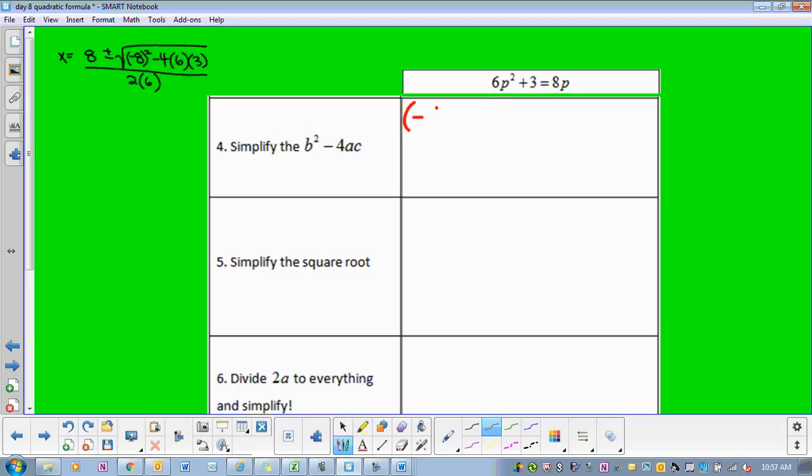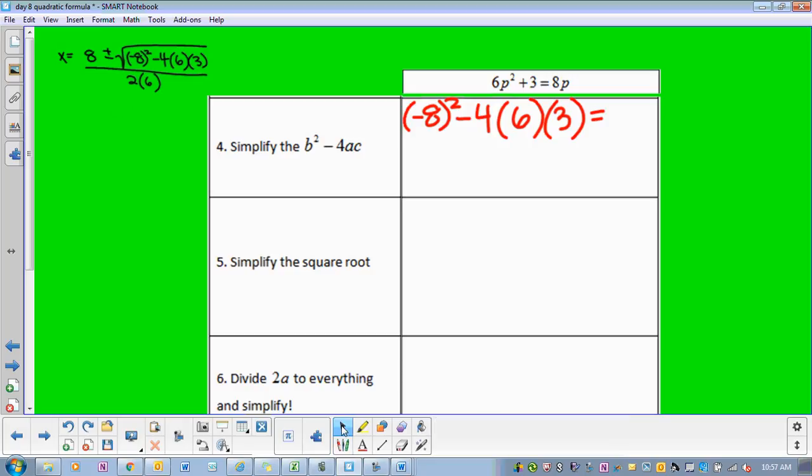So B squared minus 4AC equals what? -80? Anyone else get -80? -136? What'd you get? -8? You should have -8. Let's see what happens.